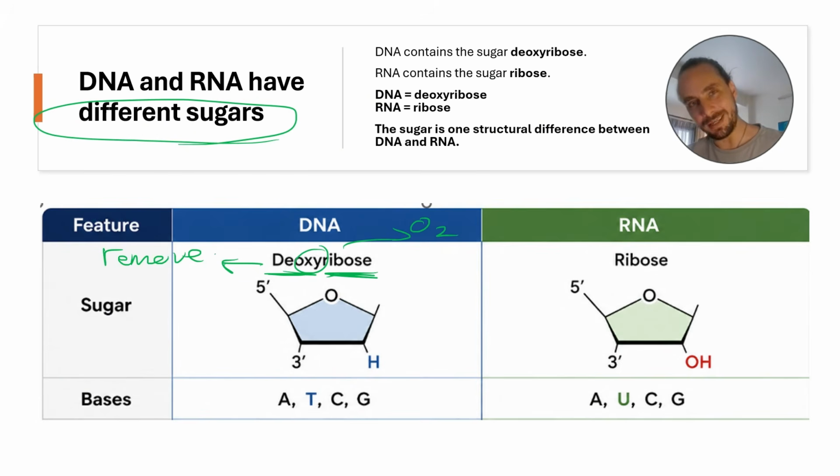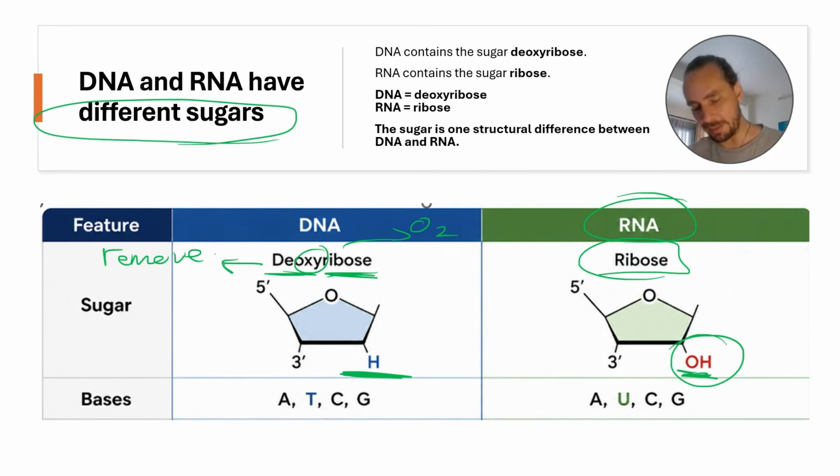So DNA is deoxyribose because it removed this oxygen group from its sugar. And RNA is just a ribose sugar because it still has that oxygen. So that's why we call it deoxyribose, because it doesn't have that oxygen.